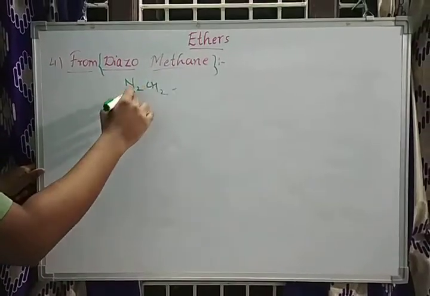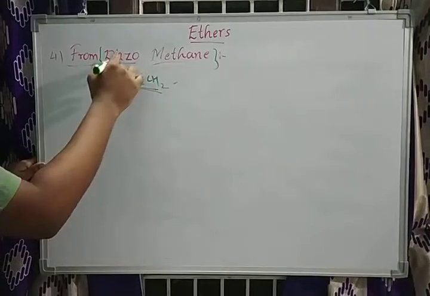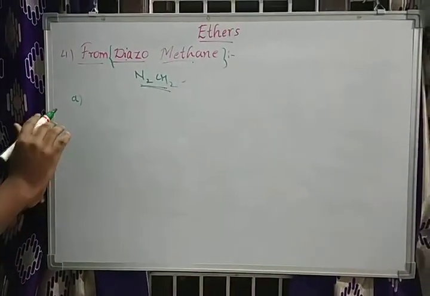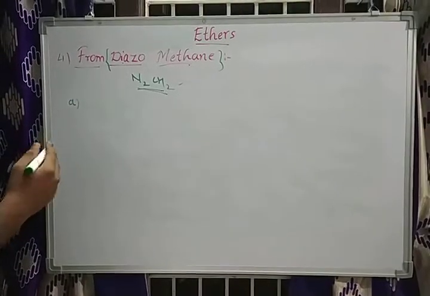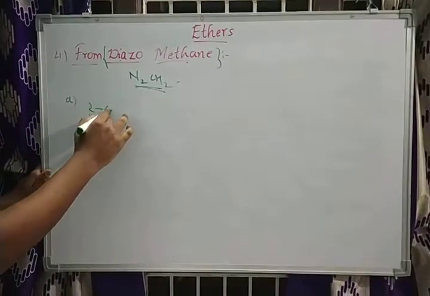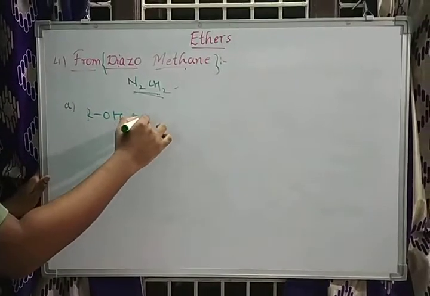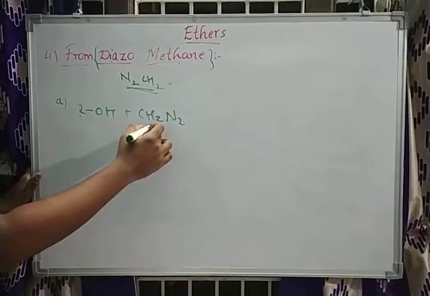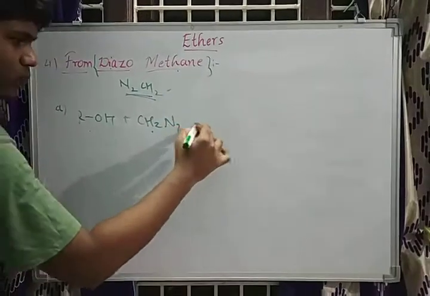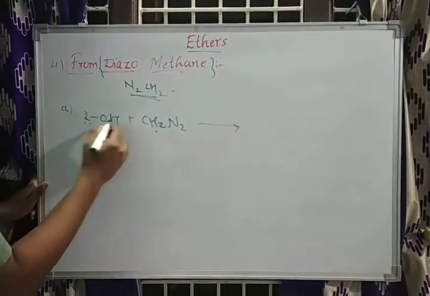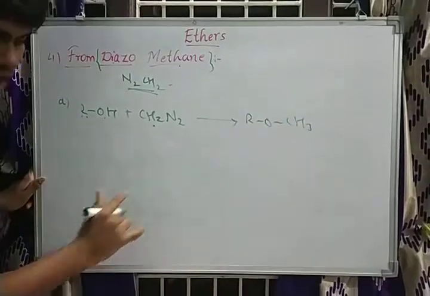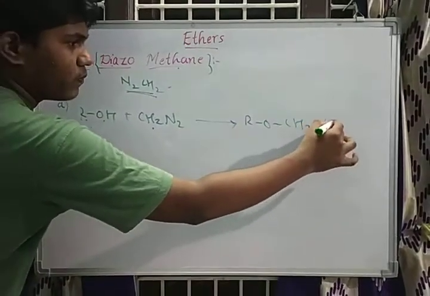So CH2N2 is the molecular formula of diazomethane. Here also we take alcohol ROH plus CH2N2. Alcohols react with diazomethane to form ROCH3, and the byproduct formed is N2.